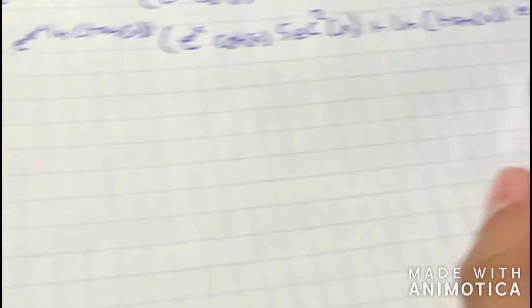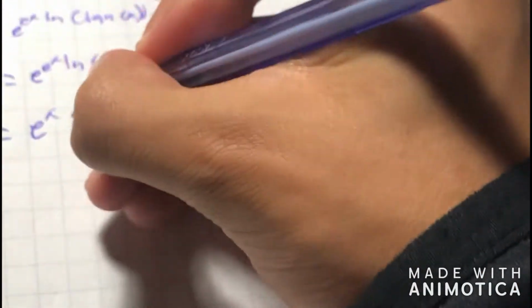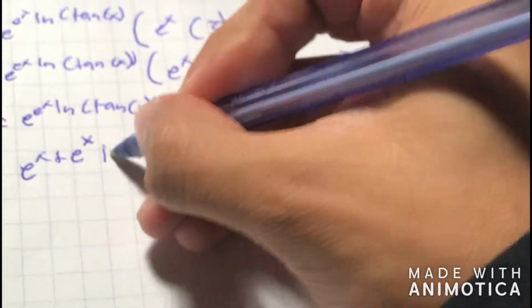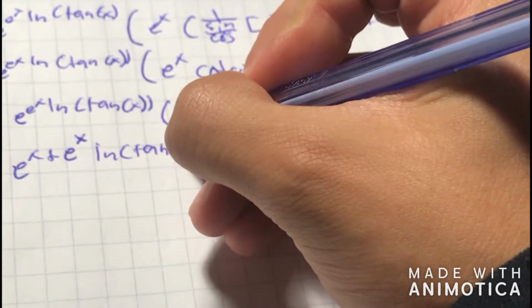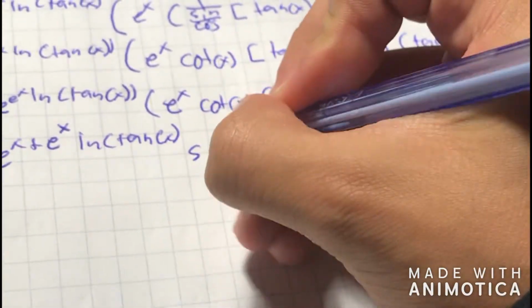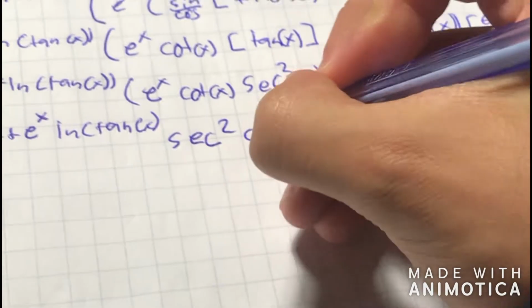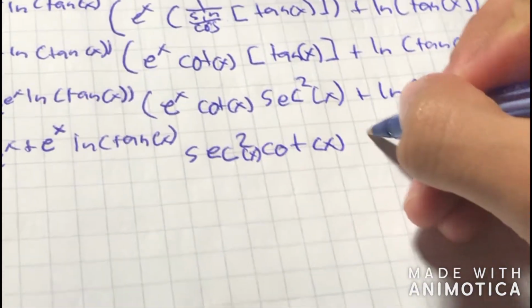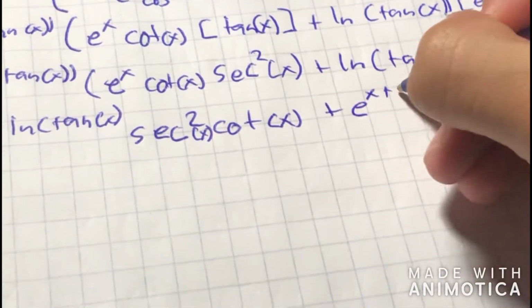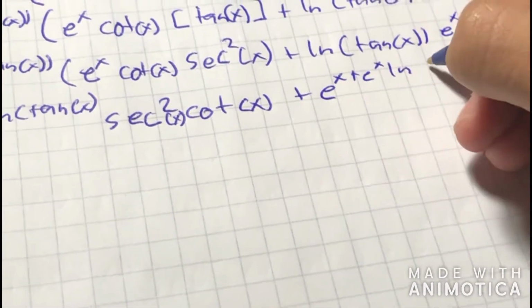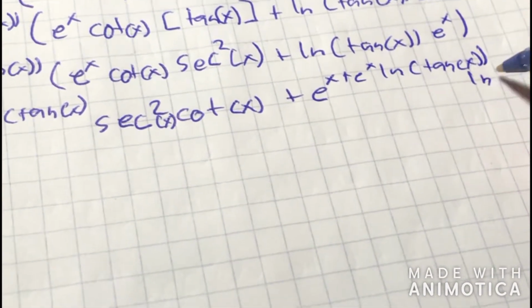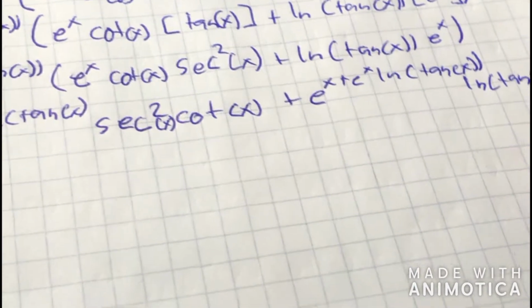And finally we need to simplify all of this, so it will be ex plus e to the x again, then ln tan of x times sec square cot x, I was missing here, and finally I'm gonna put like this: ln tan of x.